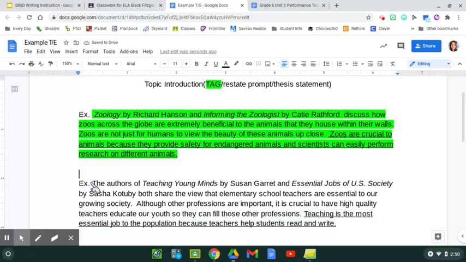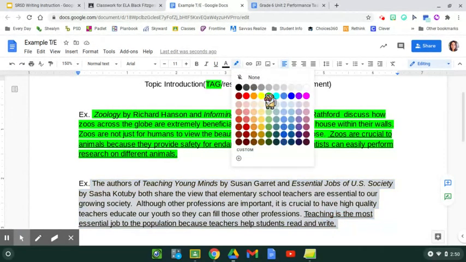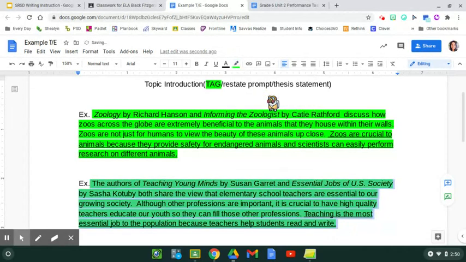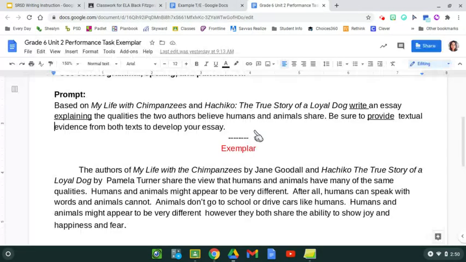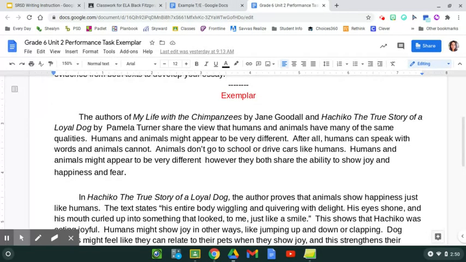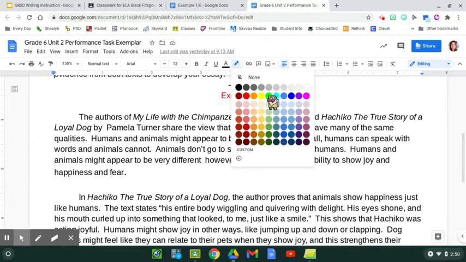Now I need to make sure I highlight my topic introduction green, the whole thing. So when you are looking for your topic introduction in the essay, the exemplar, you're going to be highlighting it green.